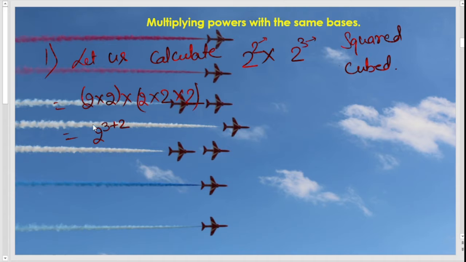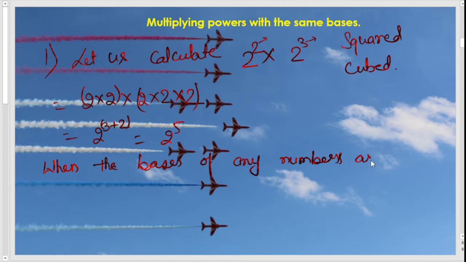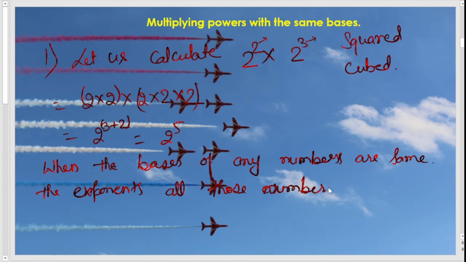3 plus 2. In other words, when the bases of any numbers are the same, the exponents of those numbers are added.